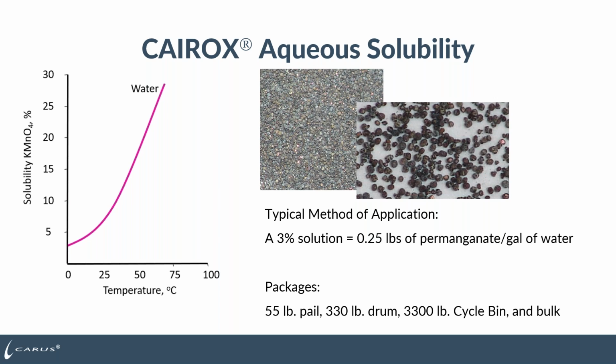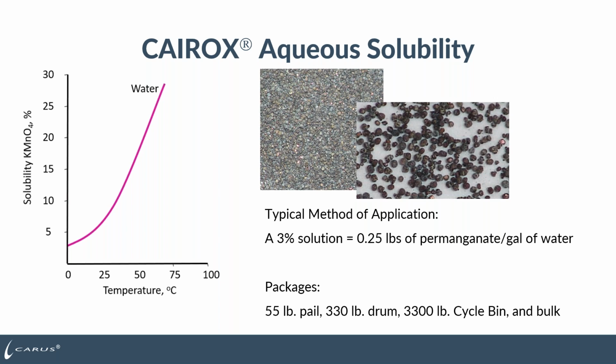The Carus product is available in 55-pound pails, 330-pound drums, 3,300-pound cycle bins, which are returnable, recyclable containers, and then we also supply it in bulk. Like I mentioned, we do have a free-flow grade that has the free-flow additive, so that product can then be fed with fewer of the lumping issues that you might have.